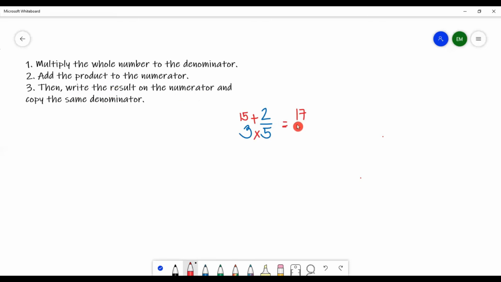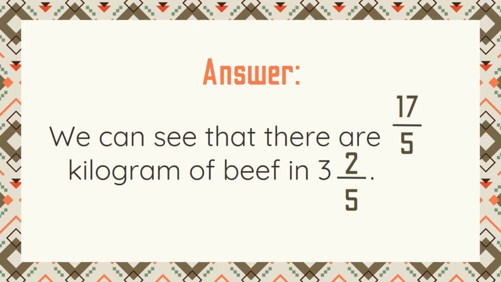Therefore, 17 will be our numerator. Then copy the same denominator. Therefore, the final answer is 17/5. We can see that there are 17/5 kilogram of beef in 3 and 2/5.